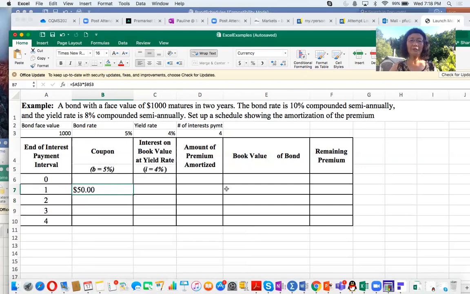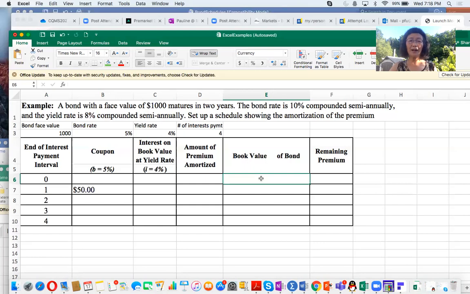So now let's go back to what is the book value of the bond. Remember, the book value of the bond is 2 cash flows. One cash flow is the present value of this $1,000. This $1,000 is actually a future value in 2 years. What is the present value of this 1,000?